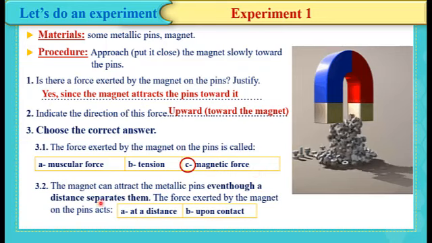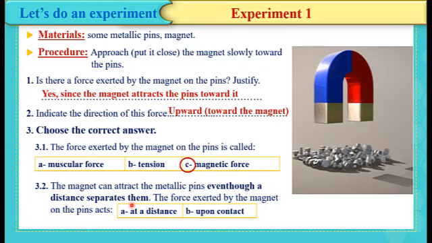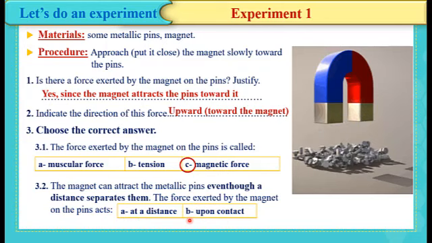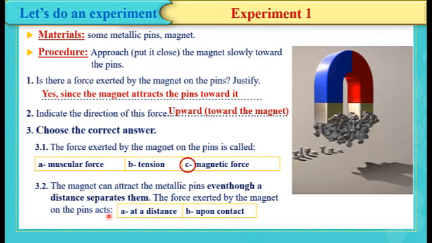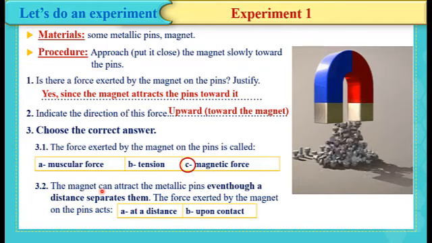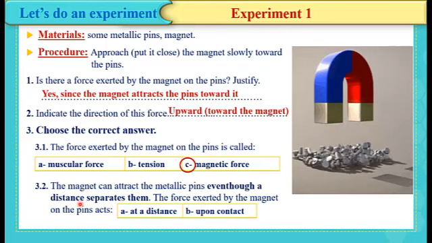The magnet can attract the metallic pins, even though a distance separates them. The force exerted by the magnet on the pins acts at a distance or upon contact. What do you think? First of all, we gave you a hint in the given. The magnet attracts the metallic pins from a distance.